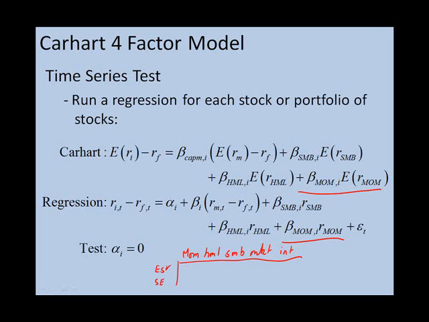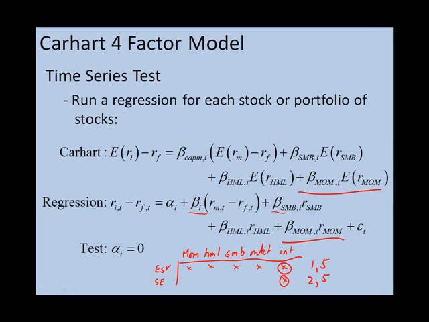That would be here. We're going to have estimates of the beta for HML here. We're going to have estimates for the exposure to SMB. That would be here. And finally, we're going to have estimates for the exposure to the market. We're interested only in the intercept once again, and we're interested in the standard error of the intercept. To reference those cells, we're going to be looking at row 1, column 5, and row 2, column 5.